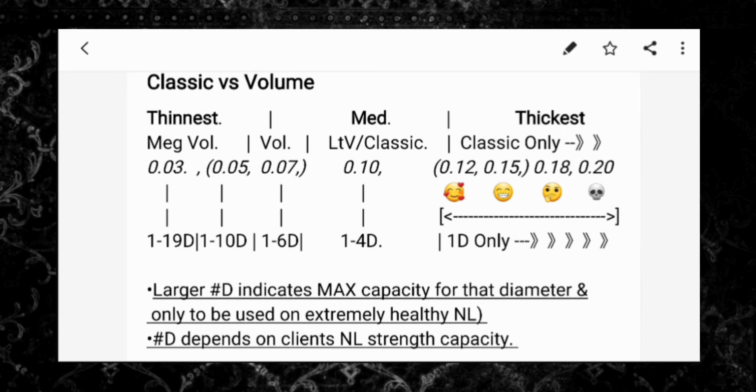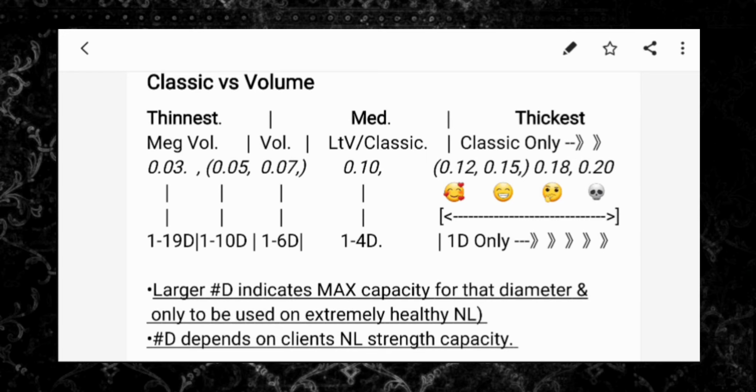The number dimension always depends on the client's natural lash strength capacity. Normally only people with extremely healthy natural lashes can sustain a 19D in a 0.03, a 10D in a 0.05, a 6D in a 0.07, or a 4D in a 0.10. Just keep that in mind.